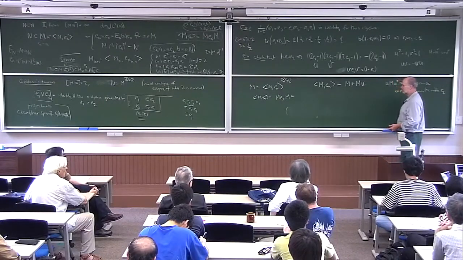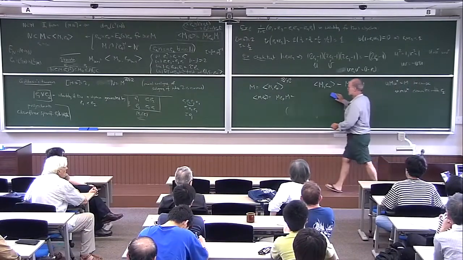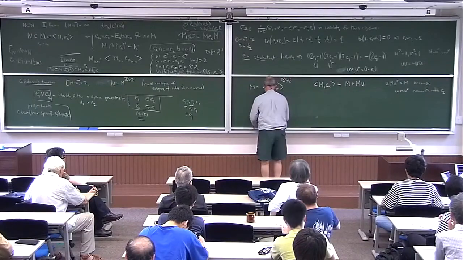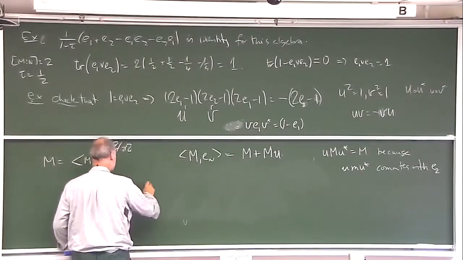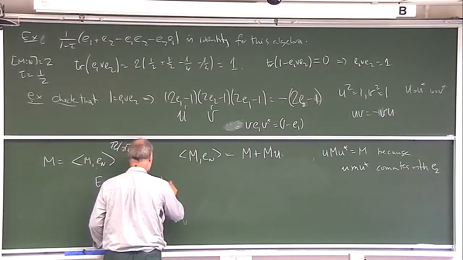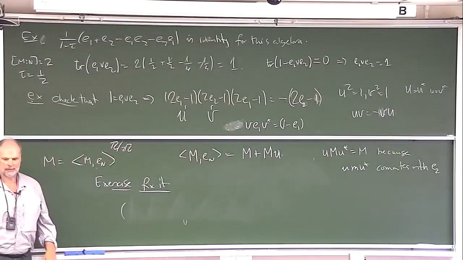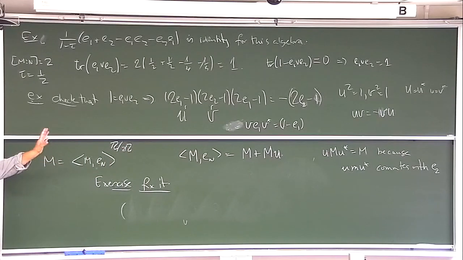I'm just going to waste time fixing this up. There's more than enough ingredients on this board here to deduce this if you sit down and think about it carefully for 10 minutes.